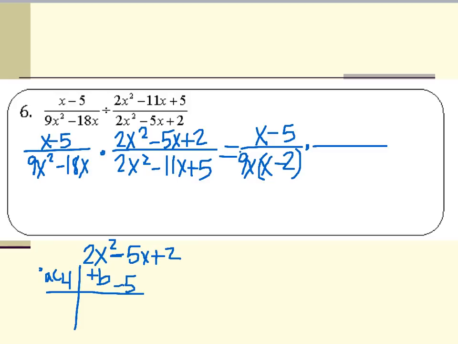What can I multiply to get positive 4 that when I add it, I get a negative 5? It's going to be a 4 and a 1, and they're both going to be negative. Negative 4 times negative 1 is positive 4. Negative 4 plus negative 1 is negative 5.